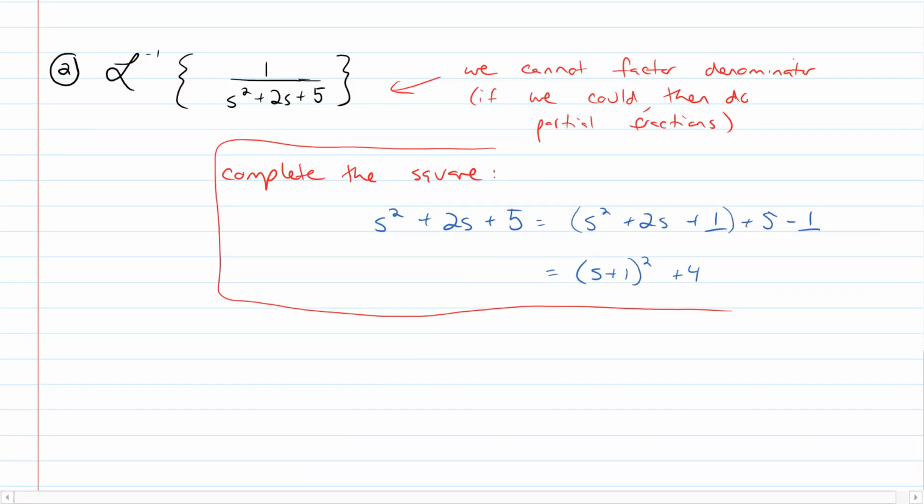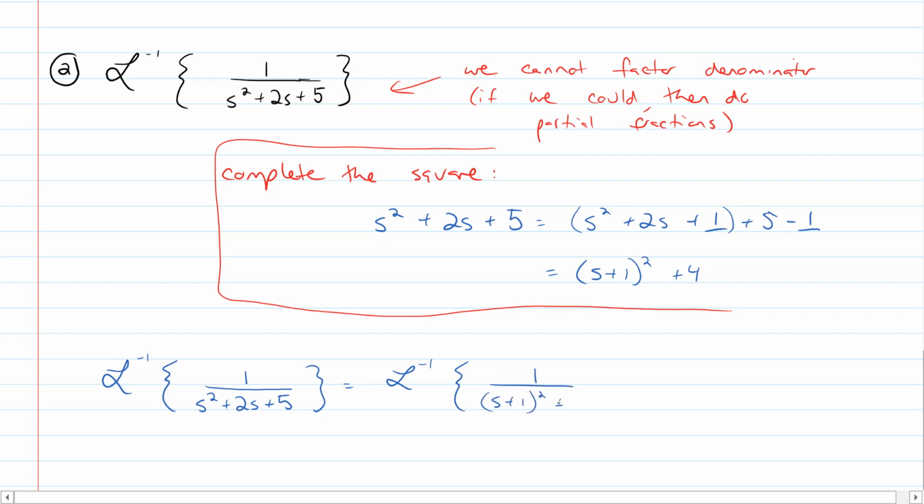Then the inverse Laplace transform of 1 over s squared plus 2s plus 5 is equal to the inverse Laplace transform of 1 over (s plus 1) squared plus 4.